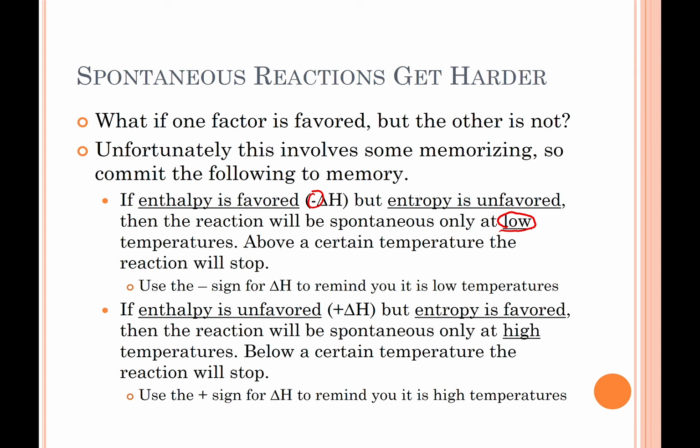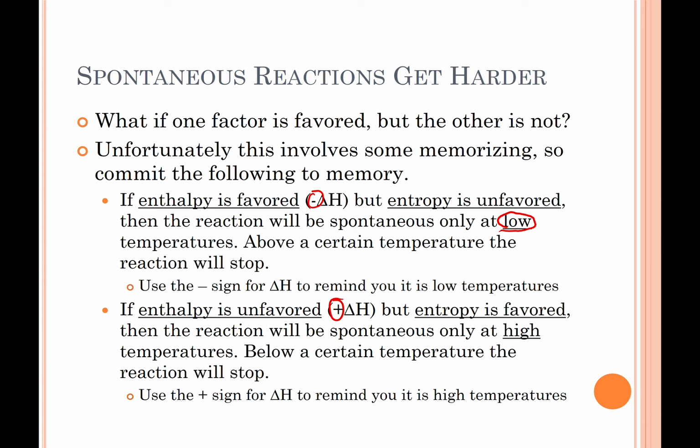Now the opposite is going to hold true if the enthalpy is unfavored. If we have a positive delta H, but the entropy is favored, then the reaction is going to be spontaneous at high temperatures. And we'll use the positive sign of the enthalpy factor, the delta H, to remind us that it's at high temperatures. So this is when we have one factor favored.